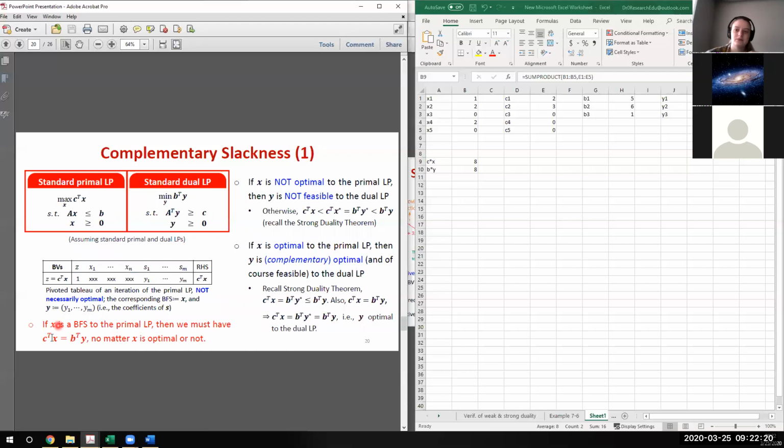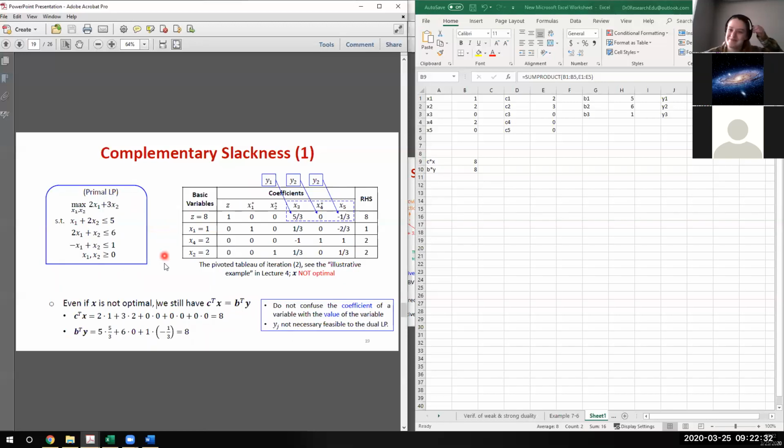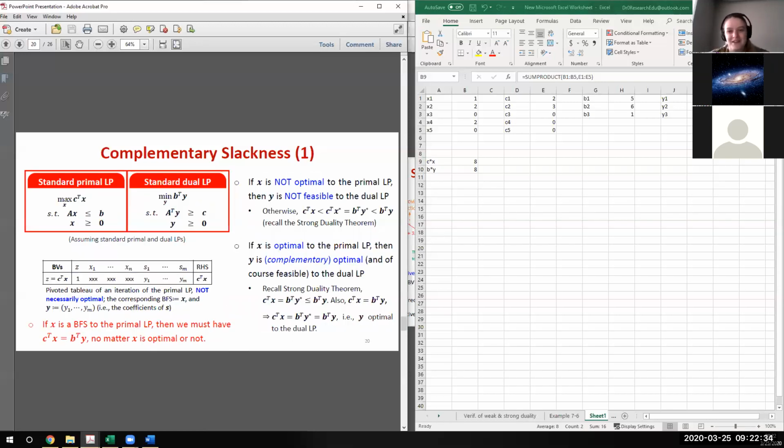Now, this is actually a general conclusion: if x is a BFS to the primal LP, any problem, not necessarily this problem, then I must have c^T x equal to b^T y, no matter x is optimal or not, but x must be a basic feasible solution. That means the tableau must be a pivoted tableau.